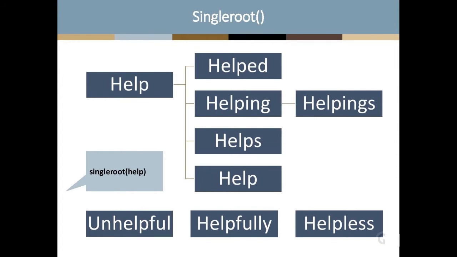And then it goes out to other words in the dictionary, stems those words, and as long as they have the same stem, it'll match them. So unhelpful has a stem help, helpfully, helpless, they also have the stem help. And so if I use Singleroot help, those words will be matched as well. So Singleroot boosts morphological expansion and actually goes beyond it.